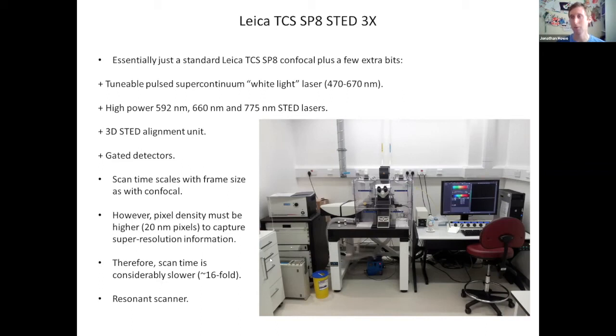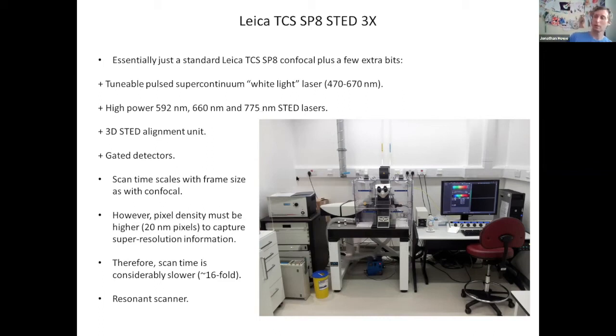It's pulsed as well, which is beneficial because it means we can use that to improve resolution slightly. There are several STED lasers, which are very high power because that's necessary. One at 592 for depleting green dyes, one at 660 for depleting red dyes, and one at 775 for depleting far red dyes.